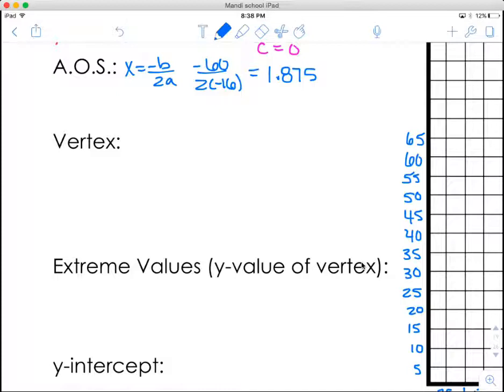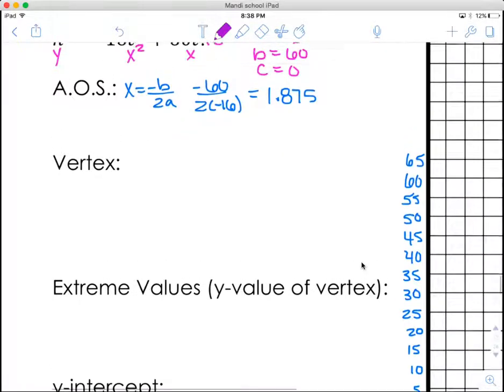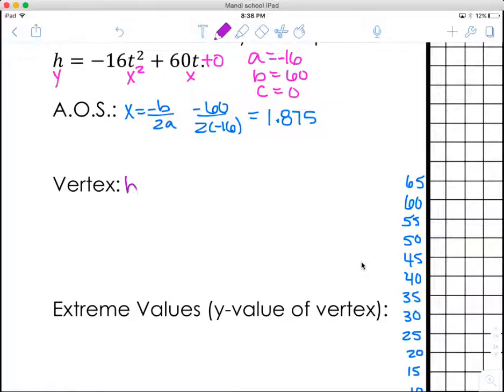Okay, so then to find the vertex is where you take the equation, h equals negative 16t squared. Well, we just found t. We called it x up here. It's the same thing as t. 1.875 squared plus 60 times 1.875.